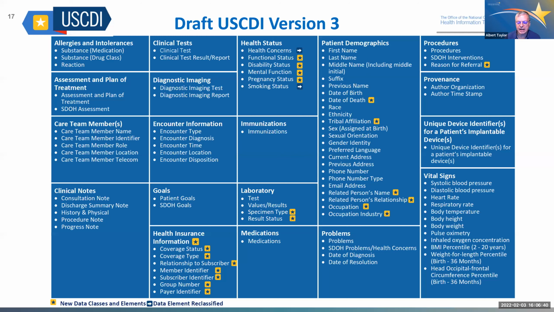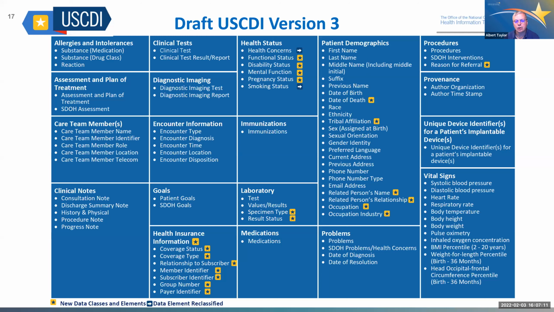Health insurance information includes coverage and status. Health status is a new data class, but it really is a merging of an old data class called health concerns and the smoking status data class into one data class called health status. I'll talk about that in a minute as I talk about some highlights of the changes in the draft USCDI version 3.